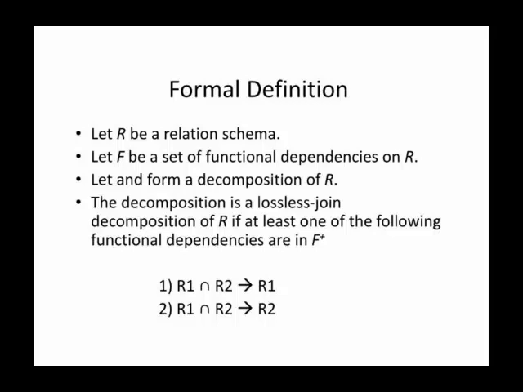In this slide, we will talk about the formal definition. So let R be a relation schema and F be a set of functional dependencies on R. And then let R1 and R2 form a decomposition of R. The decomposition is a lossless join decomposition if at least one of the following functional dependencies is in F plus, and you can see in this formula: R1 intersection R2 results in R1, or R1 intersection R2 results in R2.